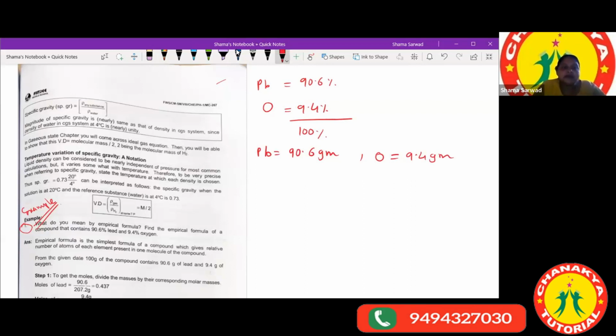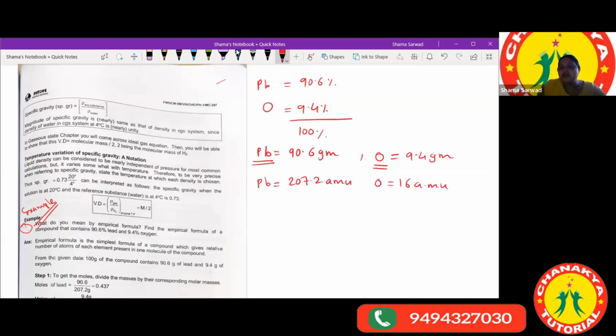In the second step, you have to calculate the number of moles for Pb as well as for oxygen. To find that, you should be aware of the atomic masses of Pb and oxygen. Oxygen, I guess everybody knows, is 16, but for Pb it is 207.2 gram molar mass. The atomic mass of Pb is 207.2 AMU, and for oxygen it is 16 AMU.